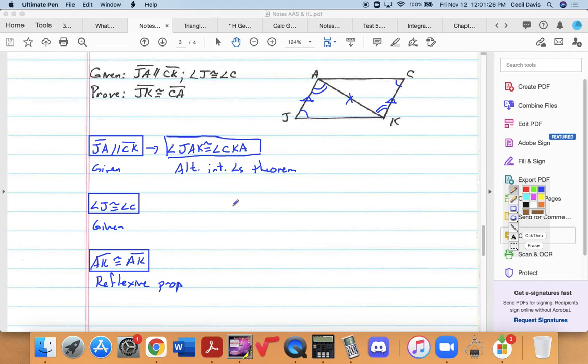Triangle AJK. I mean AKJ. You can name the first one any way you like. So notice in this triangle, AJK, A is marked with 2 arcs, right? Okay, so go KCA.